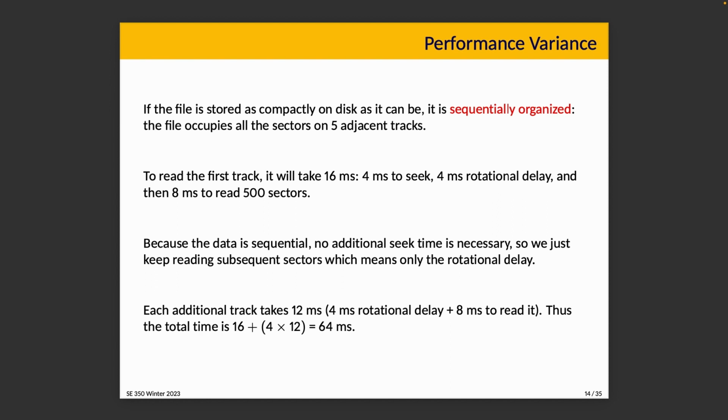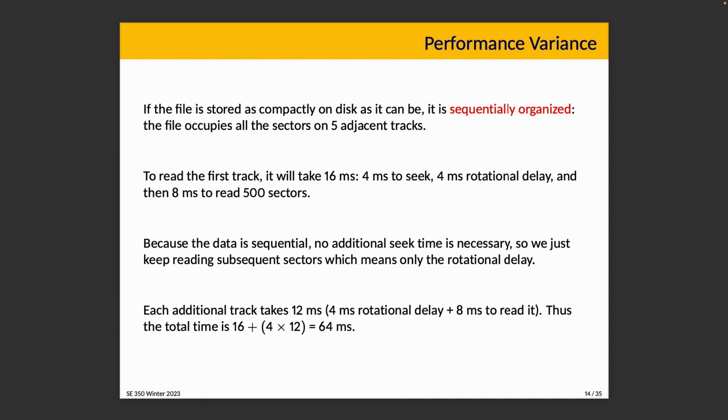To read all of the 500 sectors. Because data is sequential, no additional seek time is necessary. So we just keep reading subsequent sectors. So there's only the rotational delay for each additional track, right? When we finish with a track, we just move to the next one. Because it's the immediately adjacent one, the time is negligible, but there is still going to be some rotational delay when we get there.